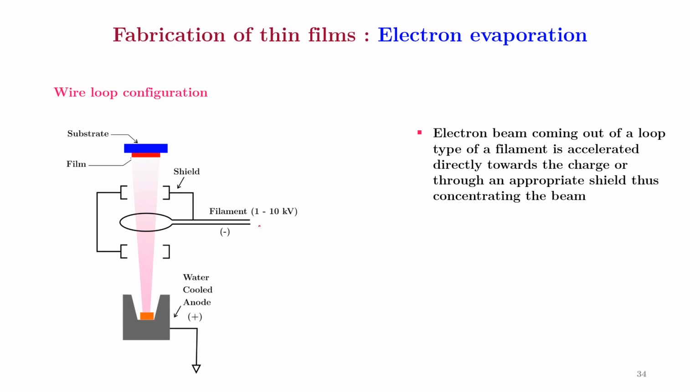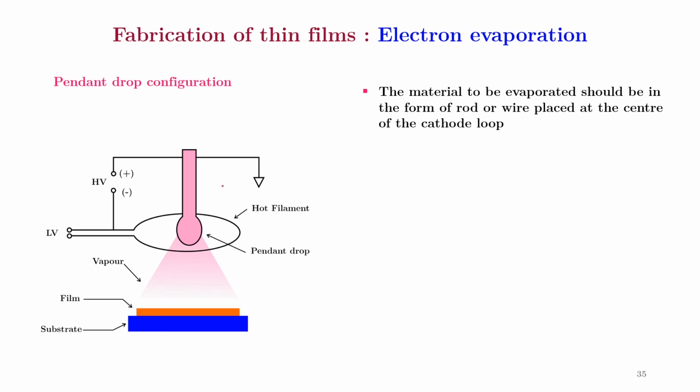In the wire loop configuration, we have a hot filament in the shape of a loop. The electron beam coming out of the loop-type filament is accelerated directly towards the charge through an appropriate shield, thus concentrating the beam. In the pendant drop configuration, the material to be evaporated is taken in the form of a rod or wire and is placed at the center of a cathode loop.